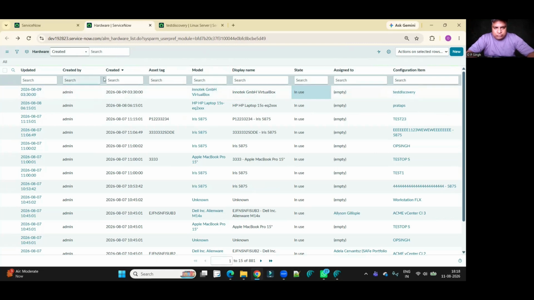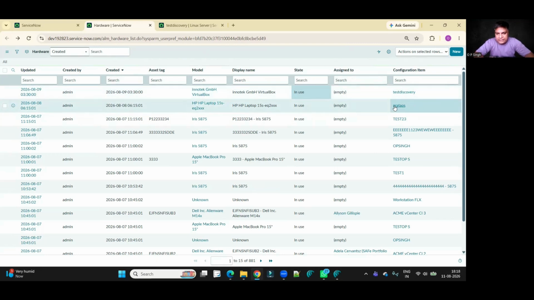Now look at these two assets at the top, Test Discovery and Pratap's. These are the assets which are created by discovery. I have a separate series on discovery, in which I am explaining all these things. I am doing live discovery with Windows and Linux, and there is a lot planned. So please make sure you join that particular series as well.